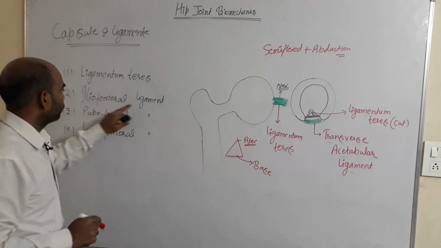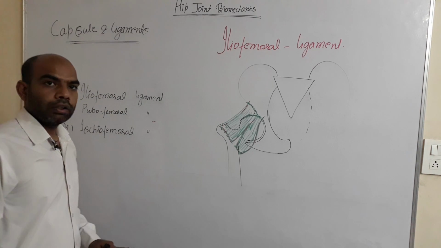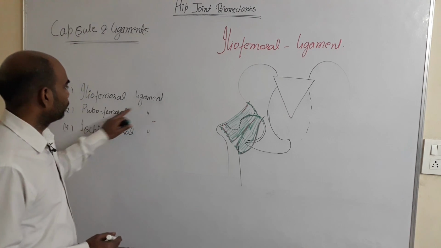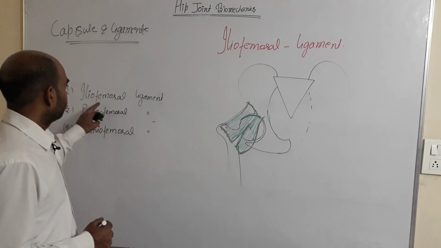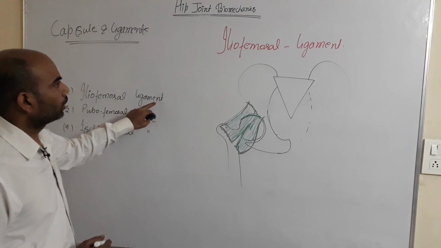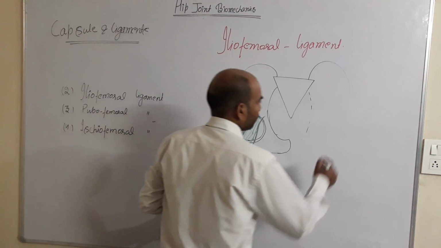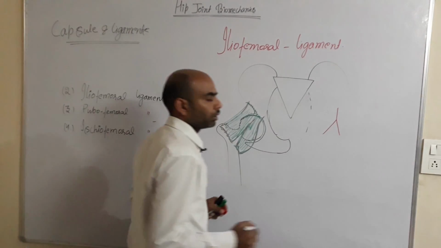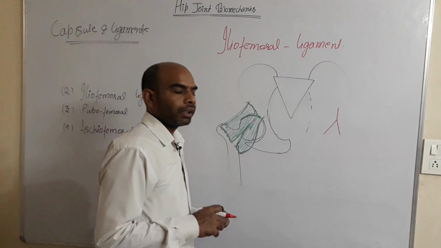Now move on to the iliofemoral and pubofemoral ligaments. These are anterior ligaments, in which the iliofemoral is an inverted Y-shaped, fan-like ligament.